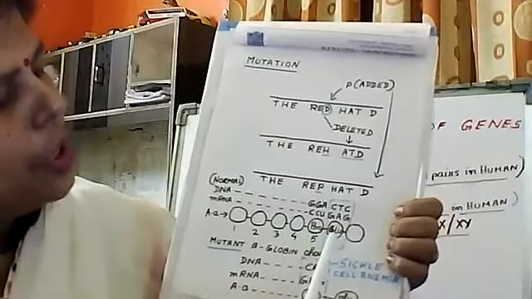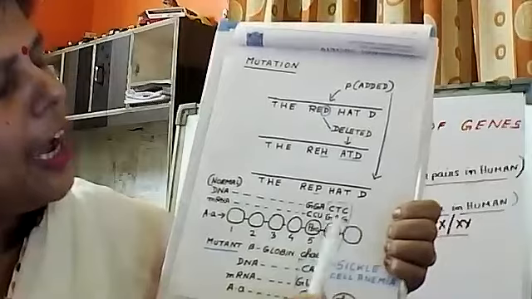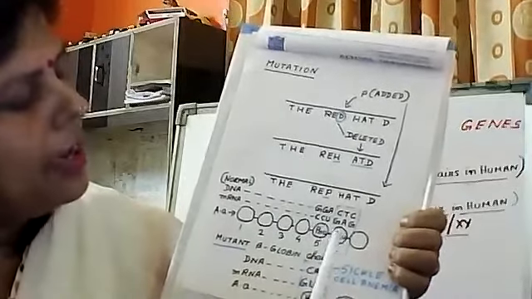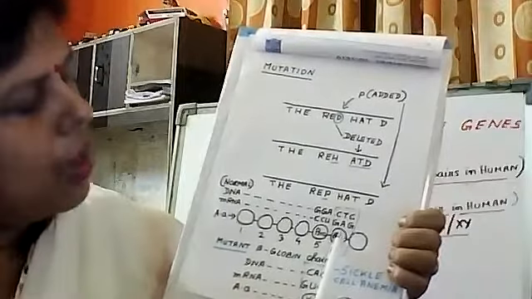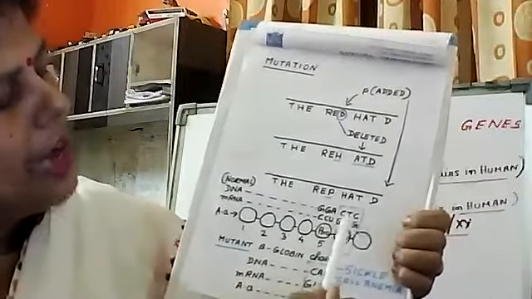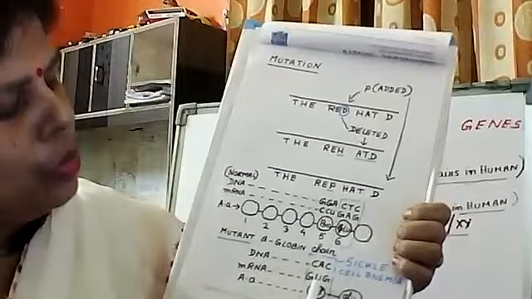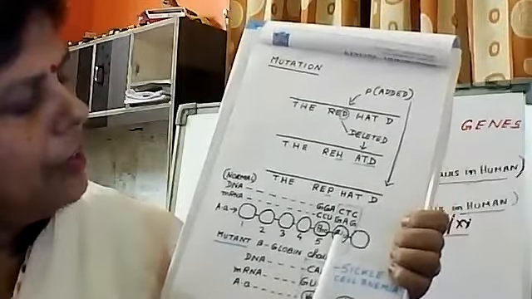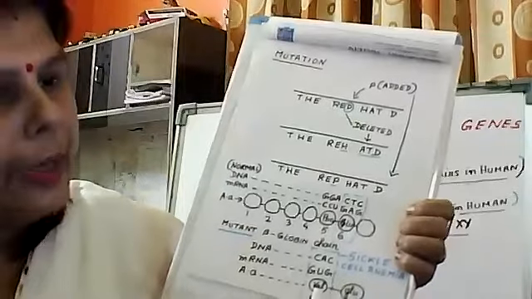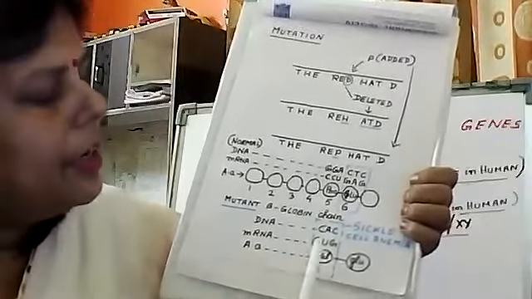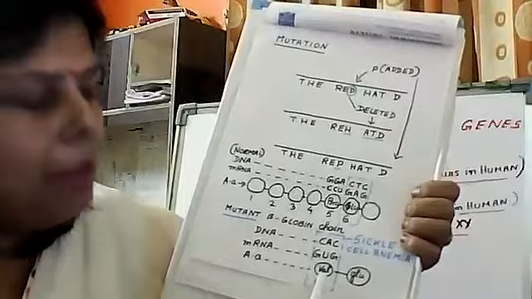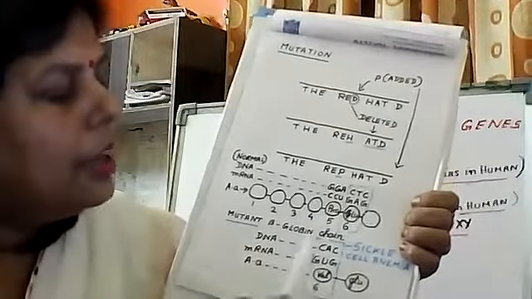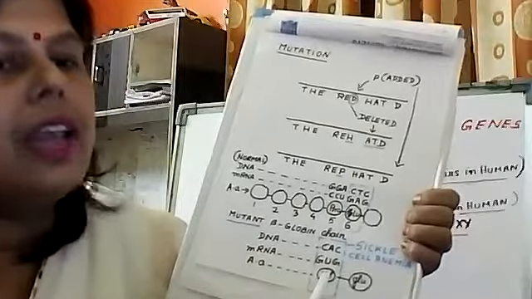In the 6th position they have GAG, which represents glutamic acid. Due to mutation, this A letter is replaced by U. Once this A is replaced by U, instead of giving rise to GLU, it gives rise to valine. As a result, a new type of amino acid forms, and due to its formation, the shape of the RBC changes.